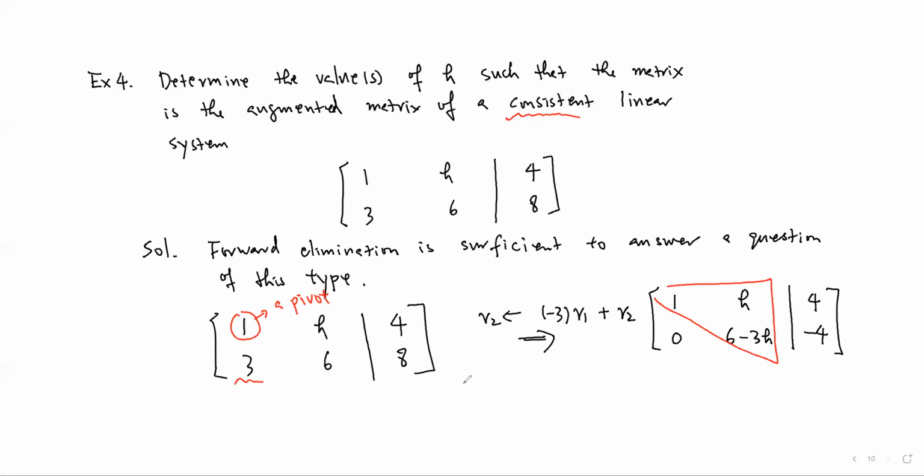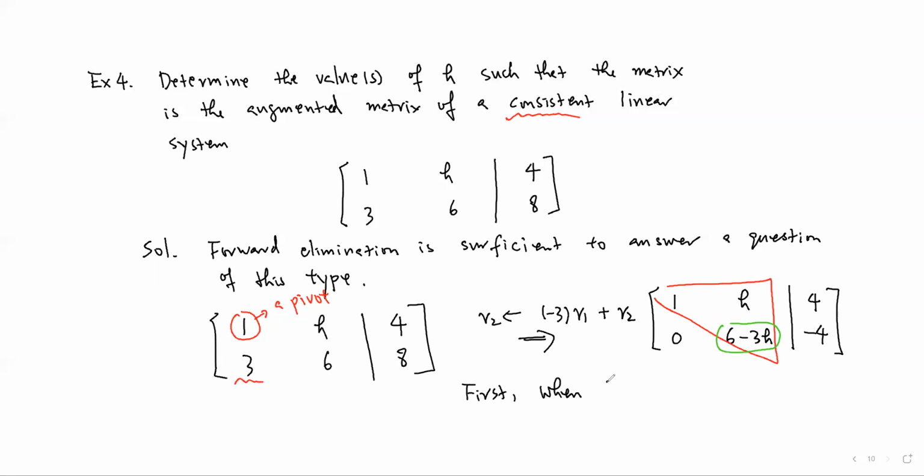Okay, first, let me use green color. When this number is 0, the second row is the equation 0 is equal to negative 4. In this case, the linear system has no solution.